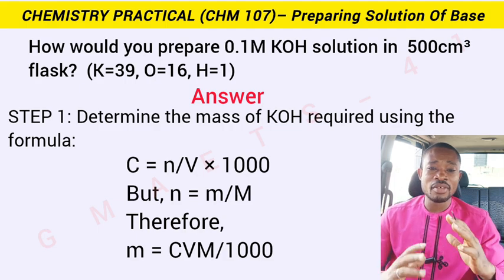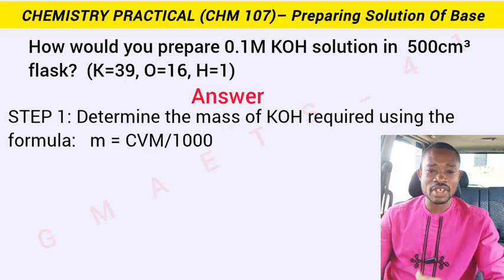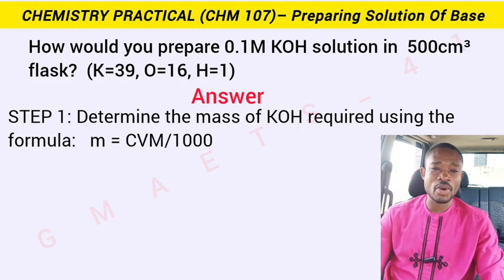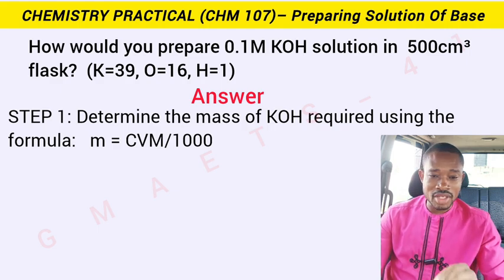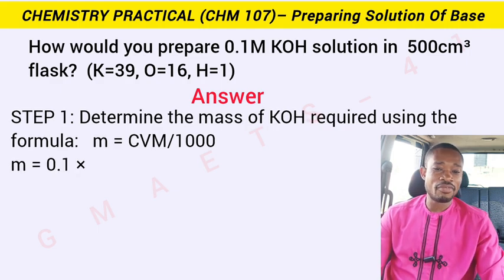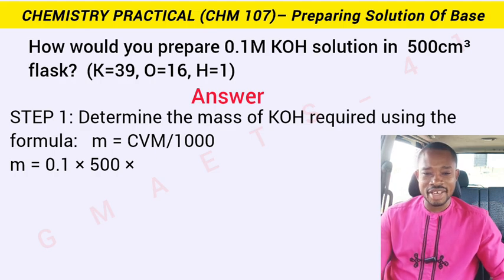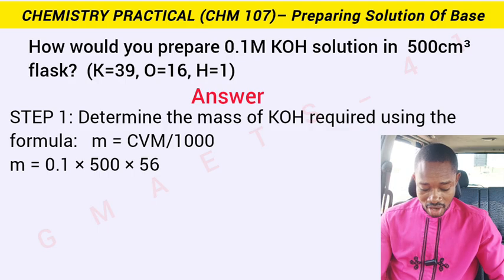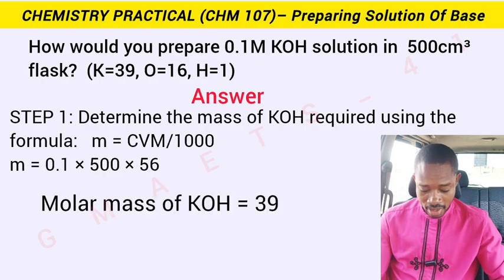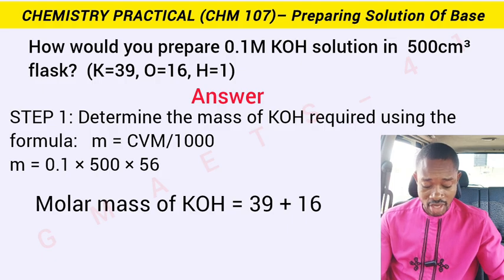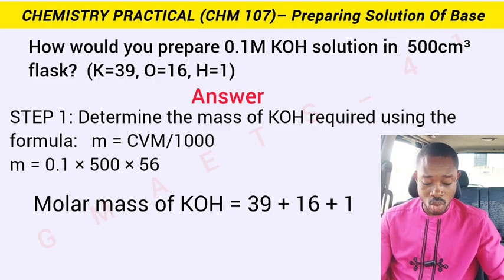If we fix the values of these quantities into the formula, then our mass is going to be 0.1 multiplied by the volume 500 times the molar mass. Molar mass of potassium hydroxide, if you work it out, you are going to get 56, because of course potassium is 39, plus oxygen, whose relative atomic mass is 16, plus hydrogen, which is 1.